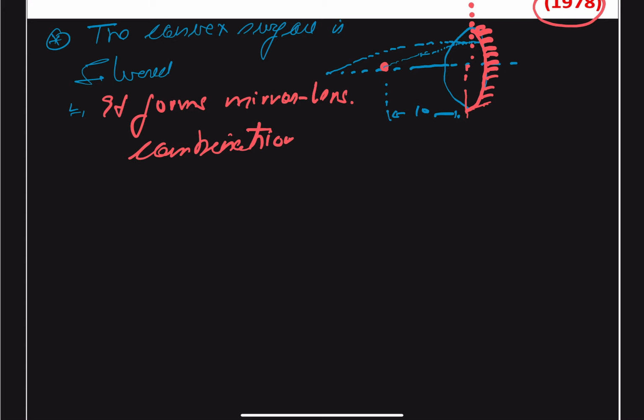Let me draw it with a straight line. So it will be something like this. Let us suppose this is our object and this is our image.